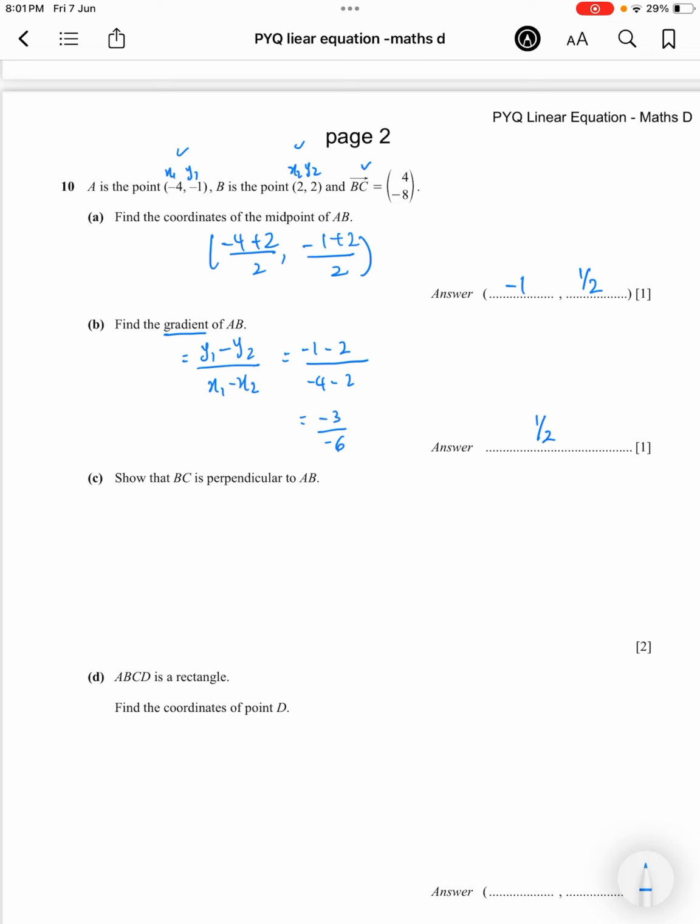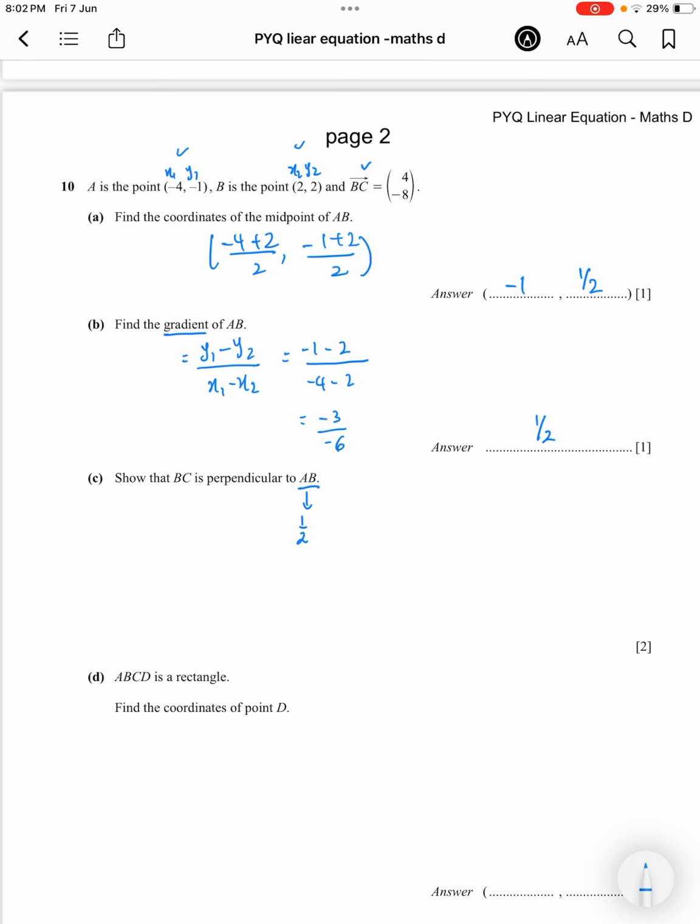Show that BC is perpendicular to AB. So what is the question actually asking? What's the EQ here? The EQ here is, is BC perpendicular to AB? Now remember the corner. So how do we determine that BC is perpendicular to AB? By the gradient. We know the gradient of AB is 1 over 2.